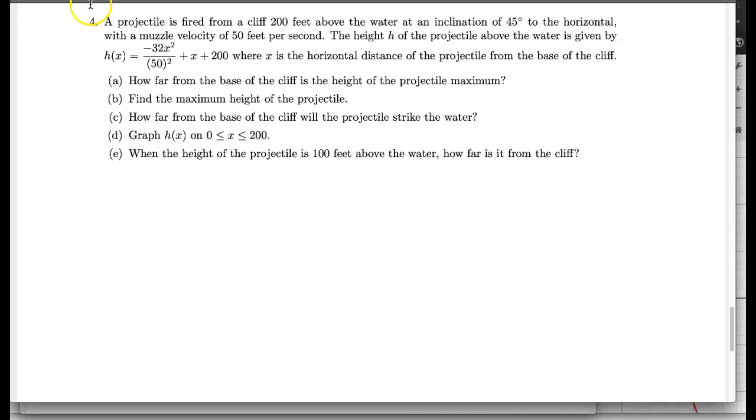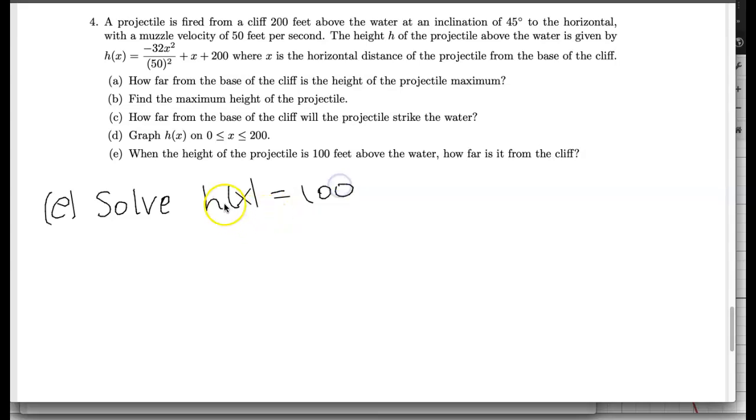All right, so for part E, we want to know when the height of the projectile is 100 feet. So we're solving h of x equals 100. This means we'll have negative 8 over 625 x squared plus x plus 200 equals 100.